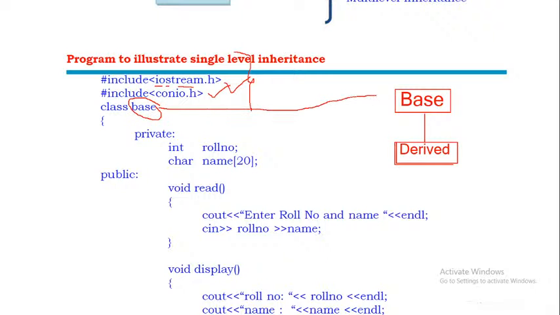In this base class, in private members, I am declaring two variables: one is an integer variable and the other is an array variable.